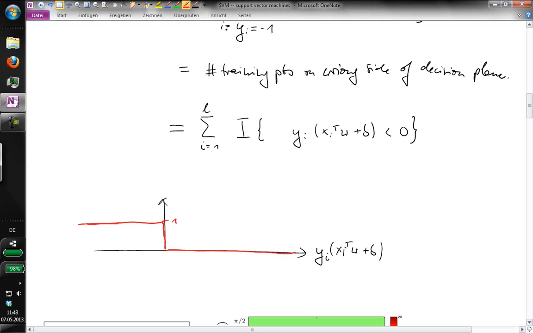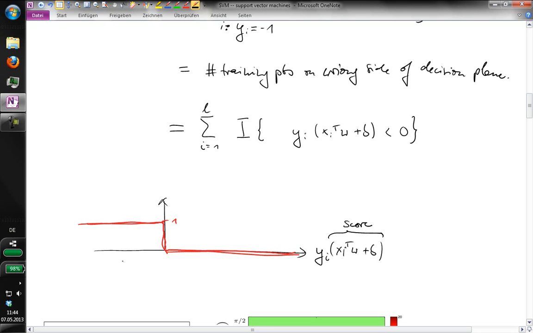Okay, so if I want to call this thing here the score, then if I multiply it with a class label, this is the error, or the contribution to the empirical error, from a single training sample.